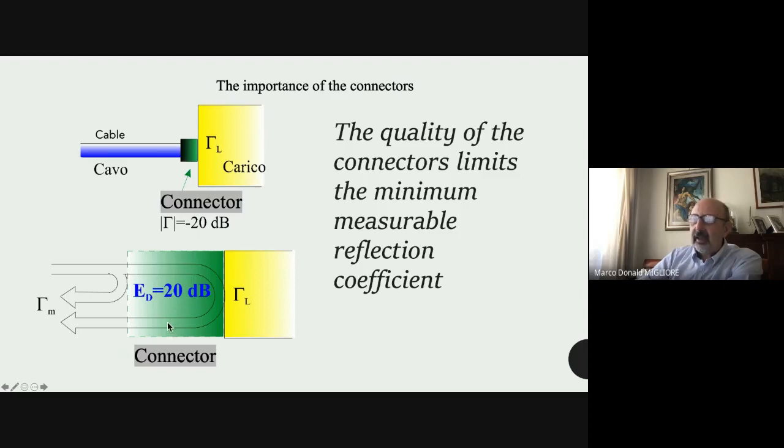In this case, what I measure is not gamma L, but is E_D. The signal that I measure is just the reflection of the connector. This means that if I want to measure very low reflection loads, I need connectors that must have very low reflection coefficients. Otherwise, of course, I'm not able to measure the load. I measure the connector. Sorry, there is a minus. Cancel this minus. It's a typo.